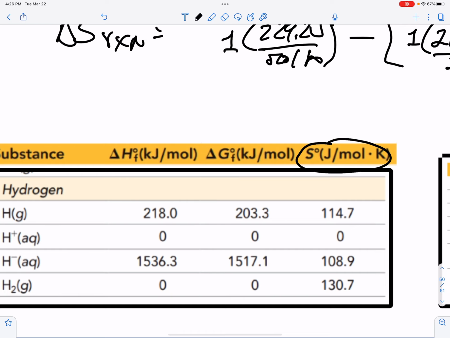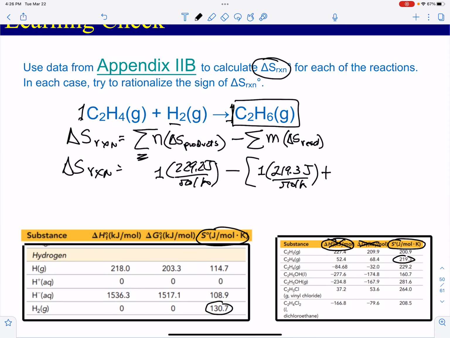We're looking at the entropy, 130.7, and there's only one of them, 130.7 joules per mole Kelvin. So when we do that, all we're doing is 229.2. Let me get my calculator here quick.